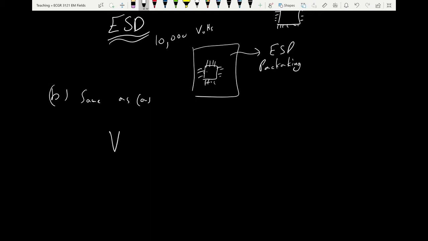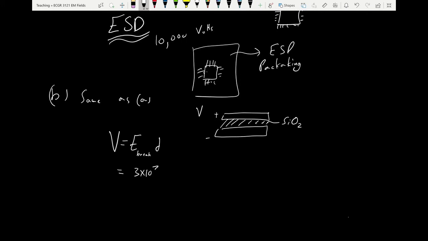So I have the two slabs, and this is the SiO2. What would be the largest operational voltage between those two semiconductor traces? Well, we know V equals E break times d. We know what E break is. It's 3 times 10 to the power 7.